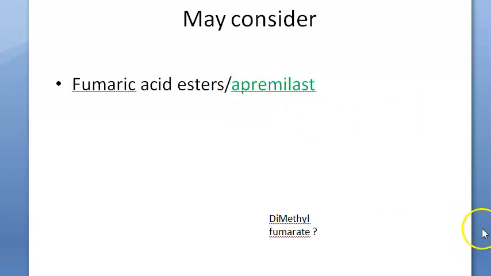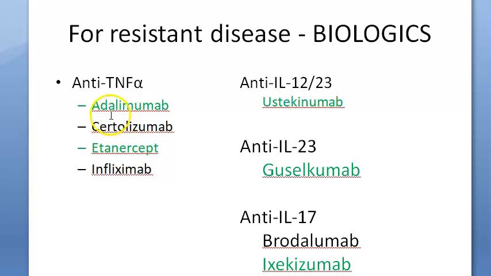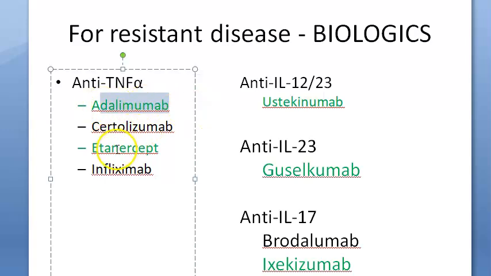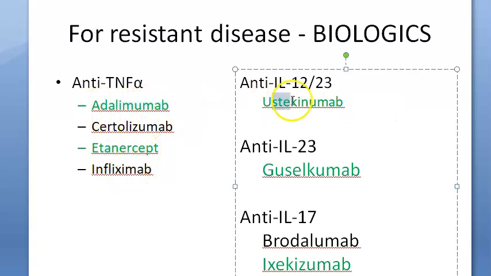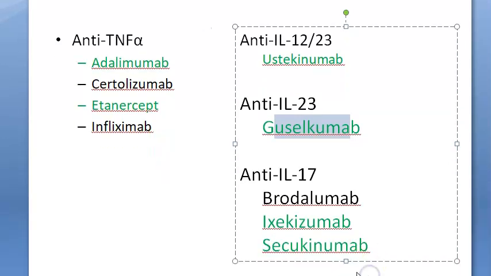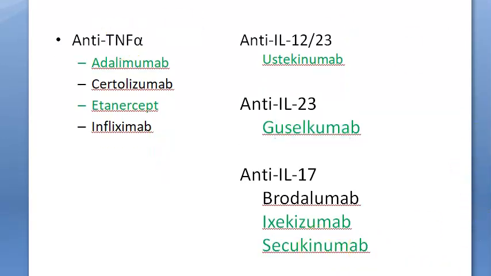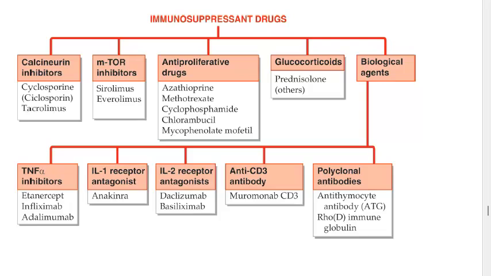Now let's move on to the last section that we want to spot in the pharmacology textbook. Adalimumab, etanercept, infliximab, ustekinumab, guselkumab, ixekizumab, and secukinumab. Okay, let's try to spot these. So in biologic agents, you can see here under immunosuppressant drugs, right? Under immunosuppressant drugs, you have the biologic agents under which you have the TNF alpha inhibitors: etanercept, infliximab, adalimumab.